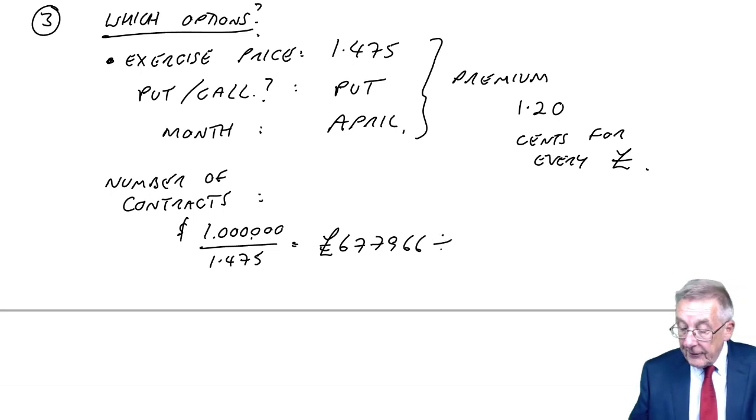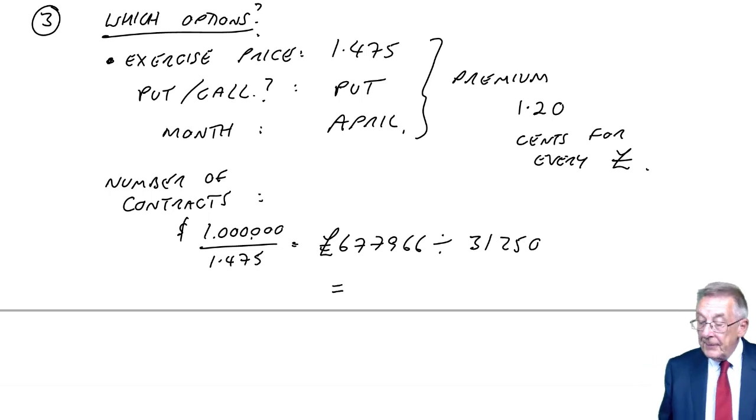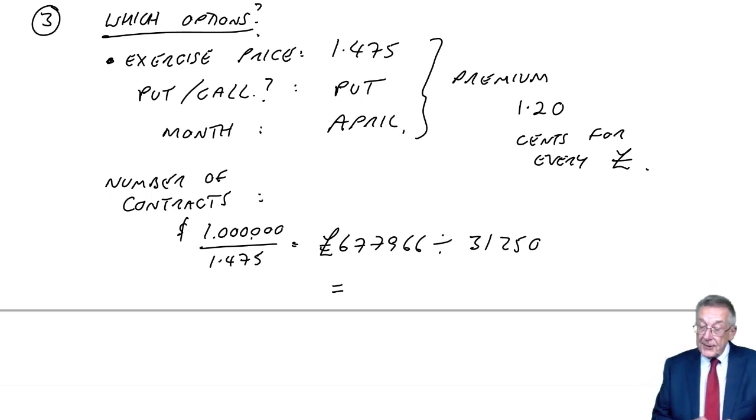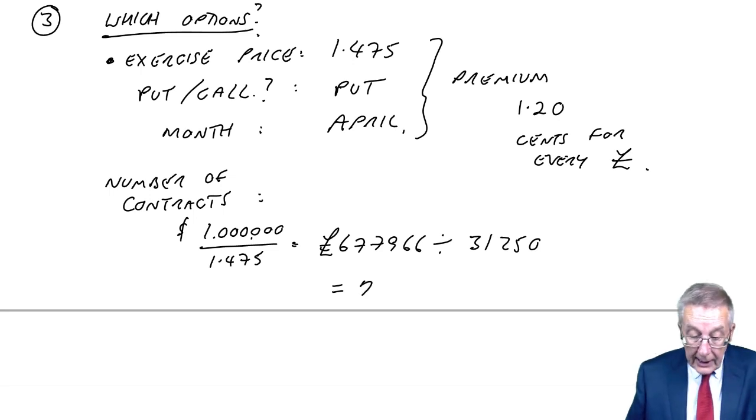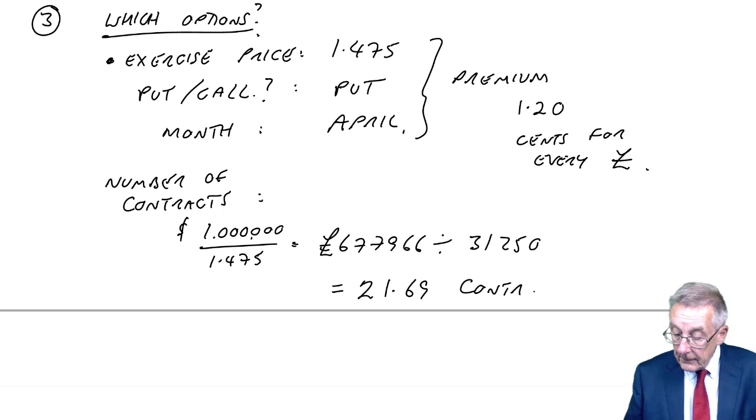It's got to be in these fixed size contracts of 31,250, and therefore 677,966 divided by 31,250. I get 21.69 contracts.